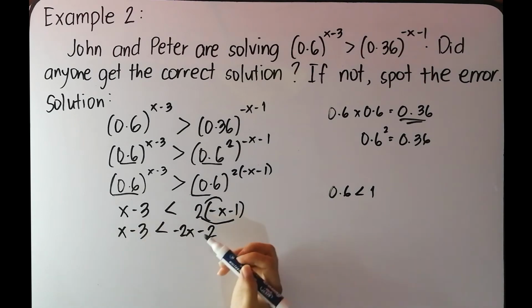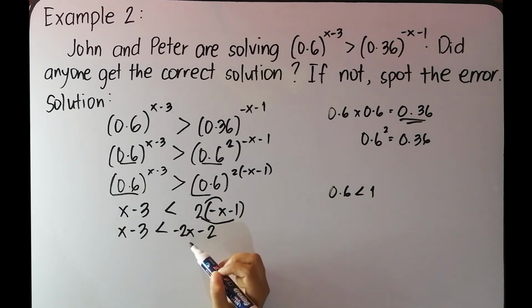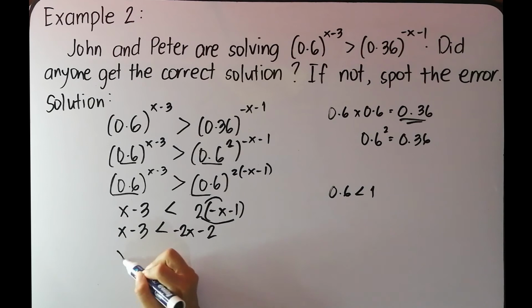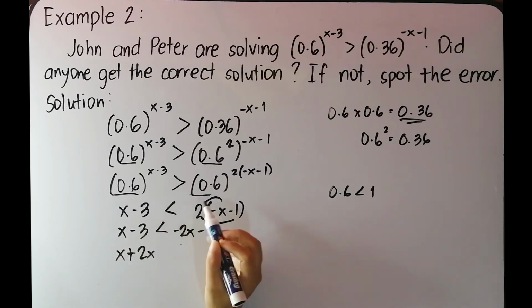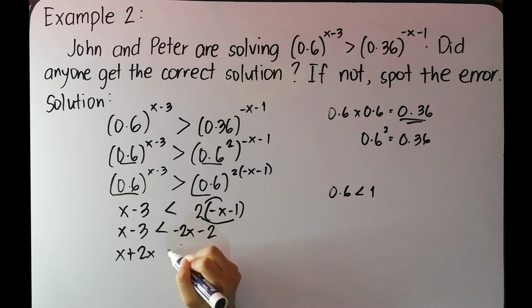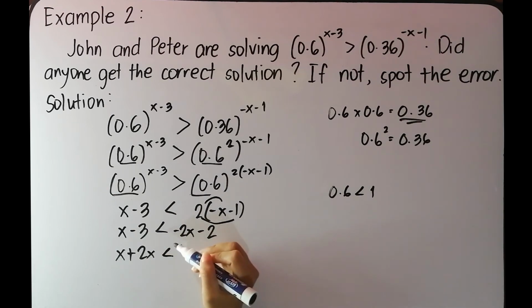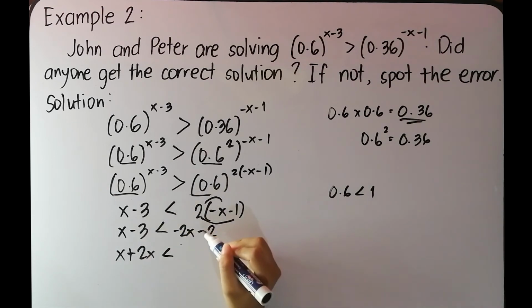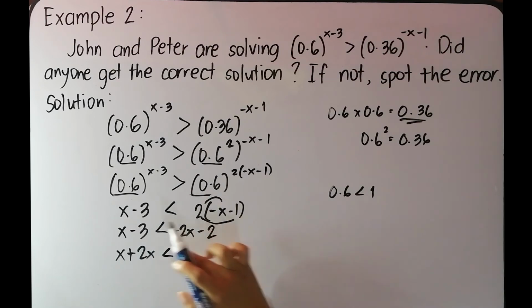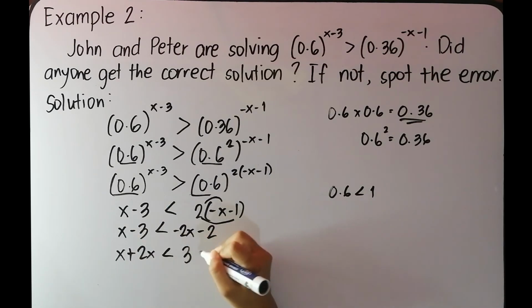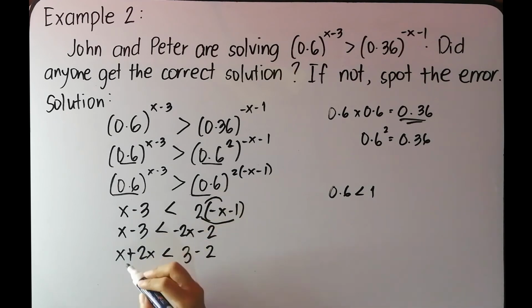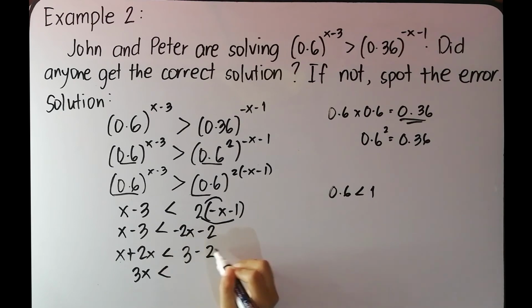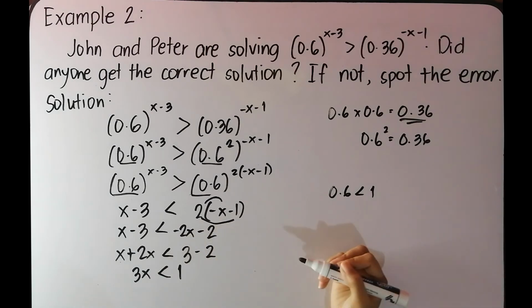Let's combine similar terms. Transposing negative 2x to the left side, we have x plus 2x, less than negative 3 transposed to the right side, which gives positive 3, then minus 2. x plus 2x equals 3x, less than 3 minus 2, which is positive 1.